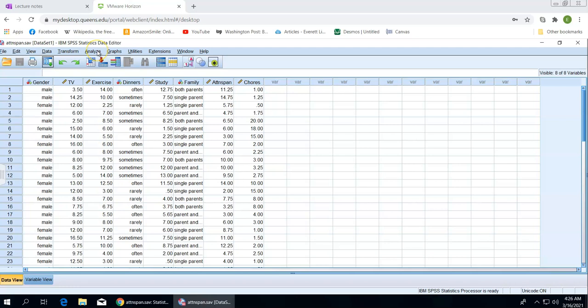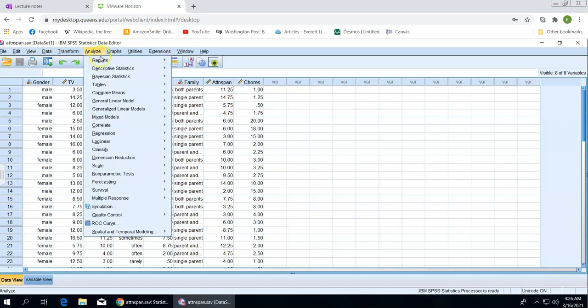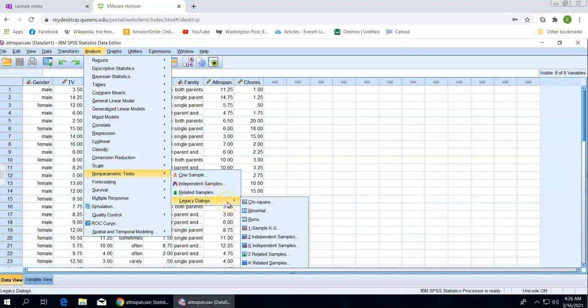So in SPSS, to get our output, we're going to go to Analyze, and this is down here under Non-Parametric Tests. It's tempting to use related samples, but I've tried that, and it doesn't give output that's as good as what's here under Legacy Dialogs.